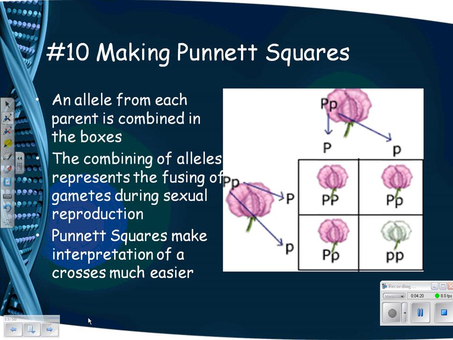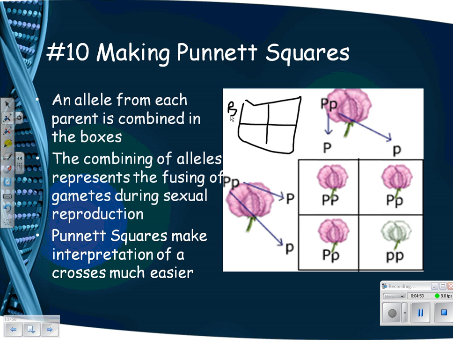So what you need to do is make Punnett squares for the following crosses. You're going to make a big B, little b cross. Let's just go ahead and draw one real quick. I'm going to have you do one and I'll do the other. I'm going to do the big B, little b. It doesn't matter where you put it.